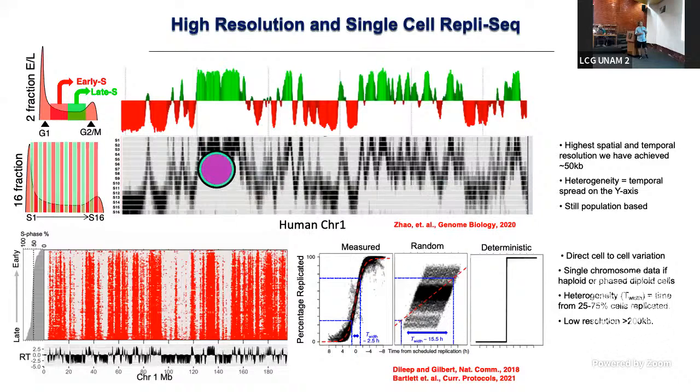One of the things we can decipher from this is how deterministic the replication timing program is, because you can see that the vast majority of reads are within very specific temporal windows. However, there's variability in this. You can see that this region here can replicate at any time throughout practically the last quarter of S phase.